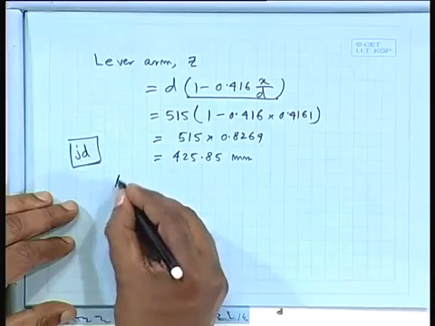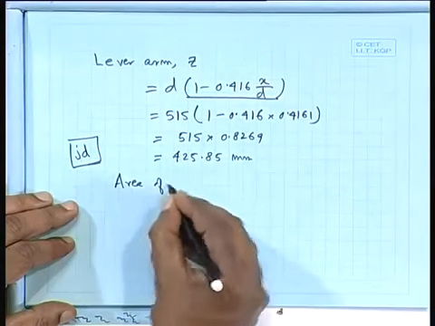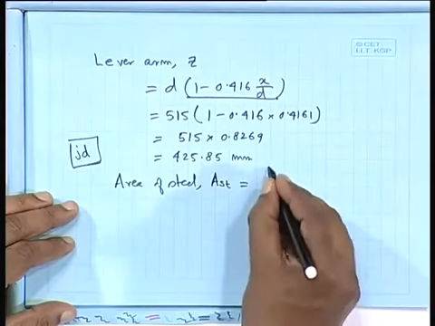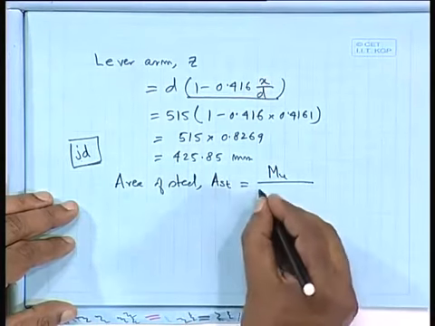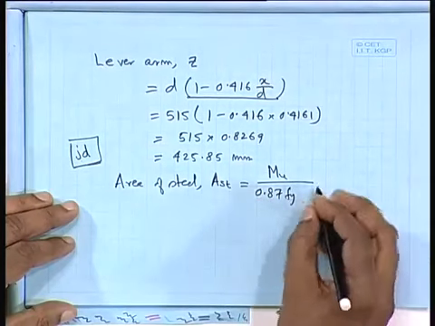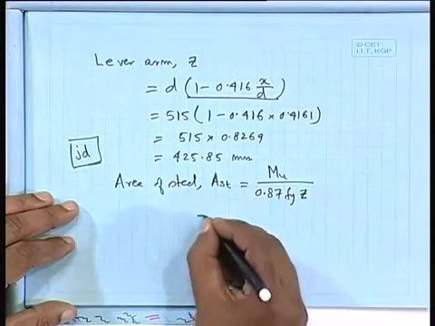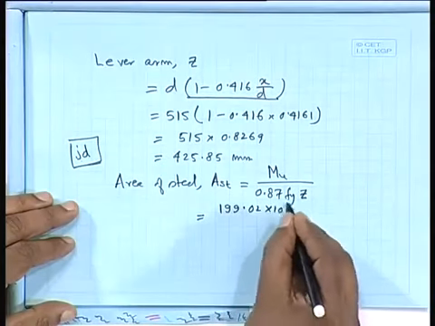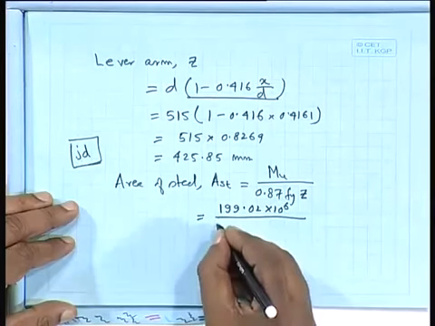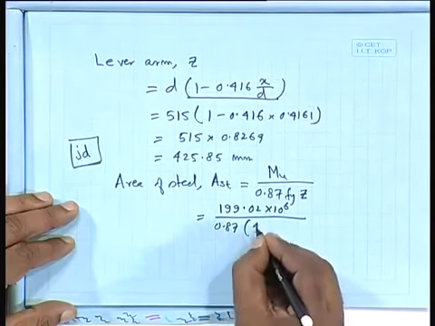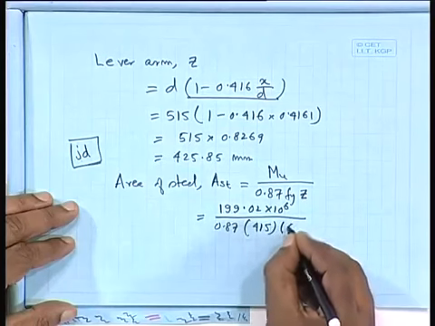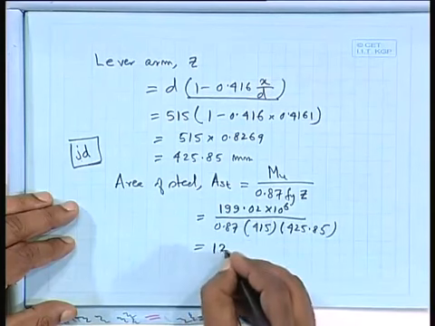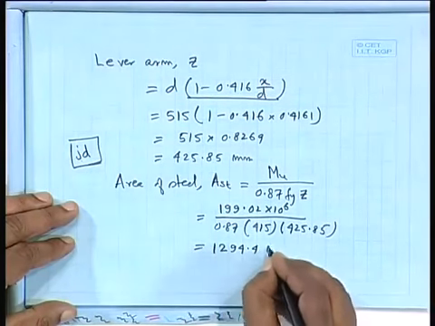So what about the area of steel? Ast equal to mu by 0.87 fy times Z, which comes as 199.02 into 10 to the power 6 divided by 0.87 times 415 times 425.85, equals 1294.4.